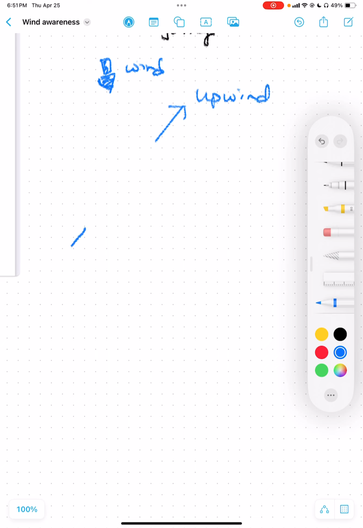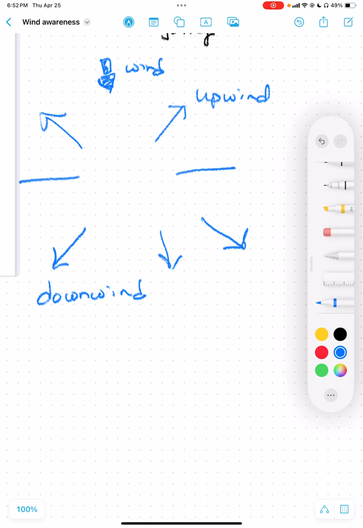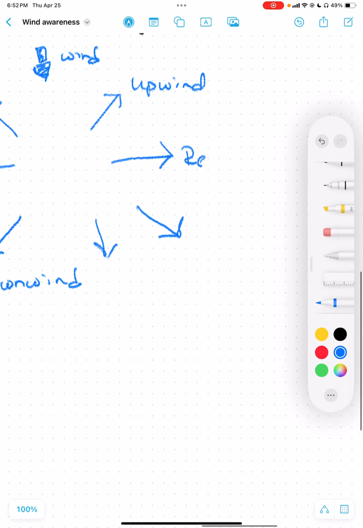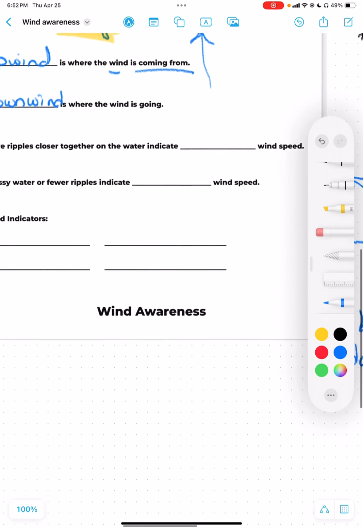You're sailing towards the wind. Sailing this way is downwind. This way is downwind. This way is upwind. These two are special. They're neither upwind nor downwind. That's called a reach. But we'll talk about that another day.